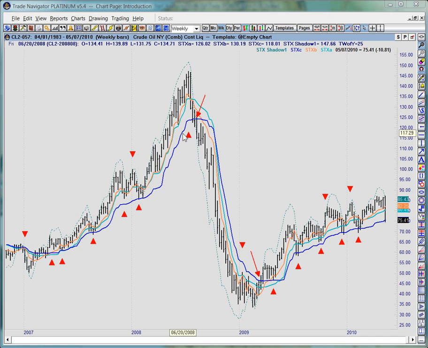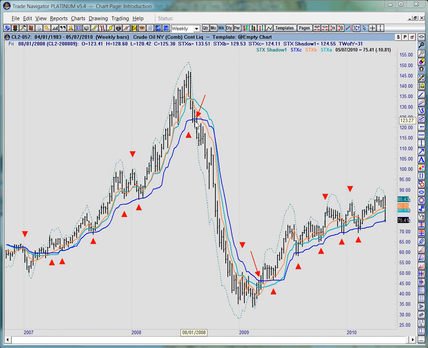The STX plots in this study can assist in the identification of both trend changes and trend strength conditions of the market. For instance, trend changes might be picked up by virtue of prices crossing from below to above all three of the STXs, and by virtue of the STXs themselves crossing one another, getting into this bullish fan formation in this location here.